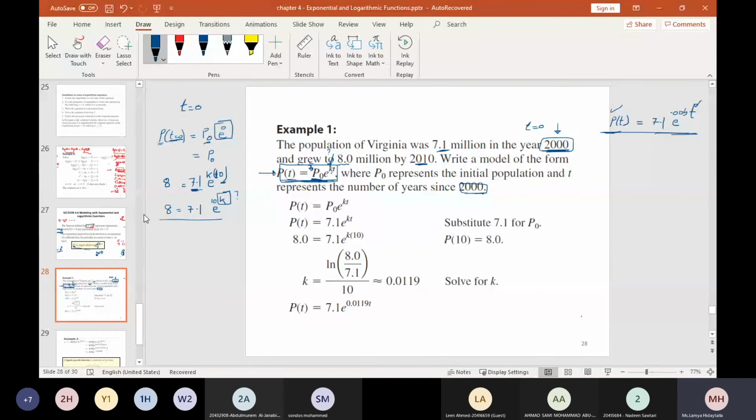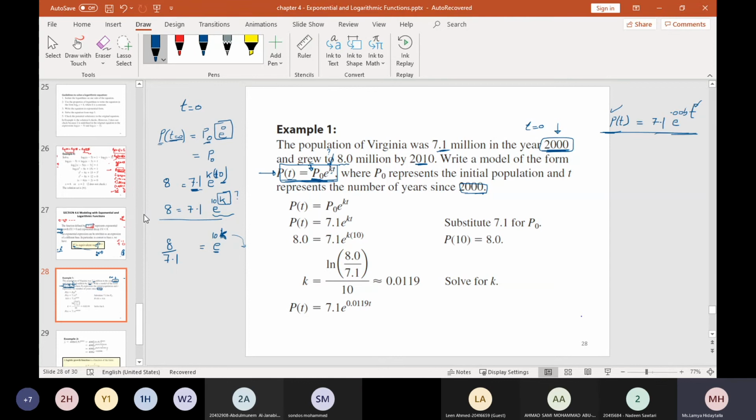Okay, this unknown, where is it? It is in the exponent. So I want to solve for k. First of all, I leave this one on one side, so I will have e to the power 10k is equal to 8 over 7.1. Now what do I do? Take the ln of both sides. Yes, because I need the value of k, but where is k? It is up in the exponent, correct? So to have it as the subject, I have to find a way to bring it down.